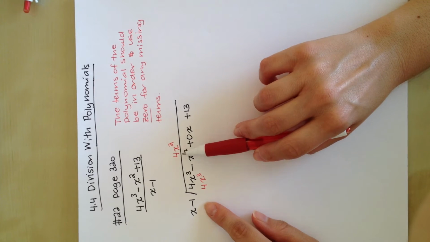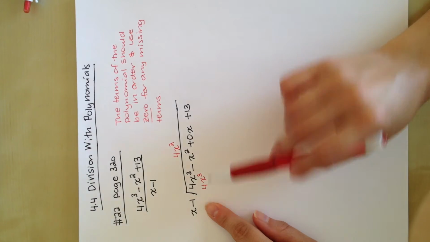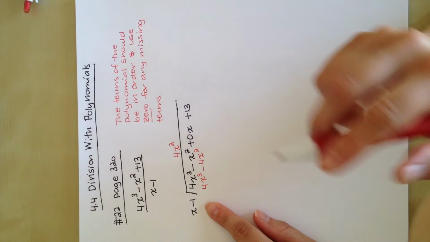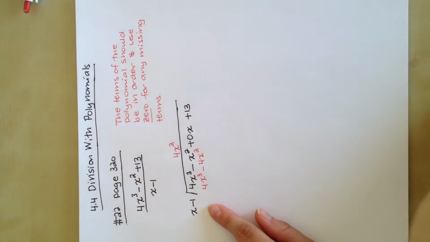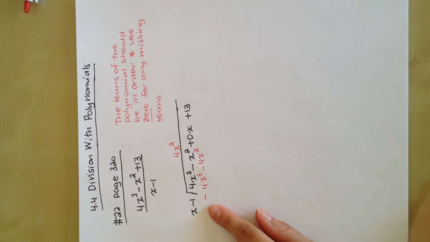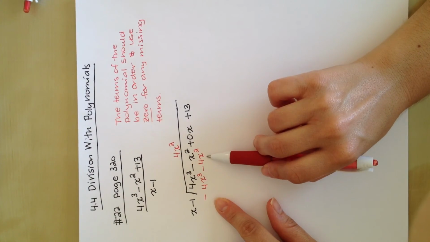Now we need to take the 4x squared and multiply it by -1 as well. Minus 4x squared. Notice the like terms are lining up, which is easier to work with. Remember, the next step for long division is to subtract, so I have a minus, but you have to be careful to distribute this minus sign to both terms.